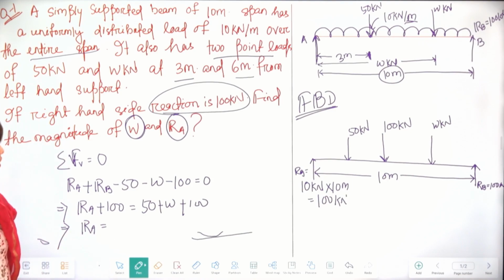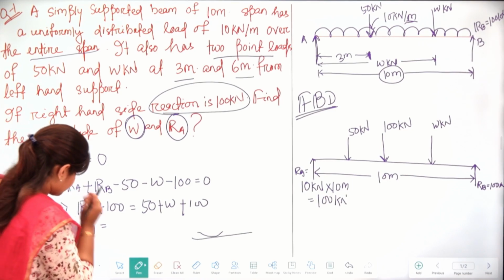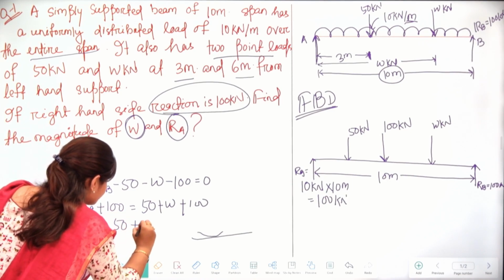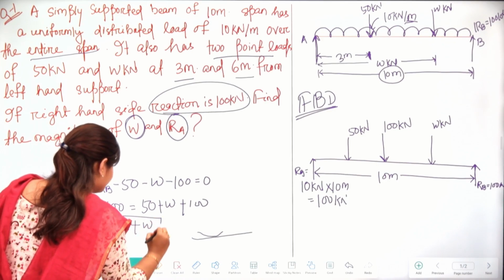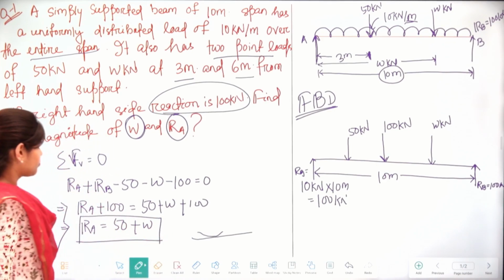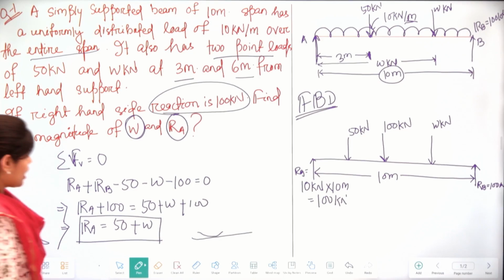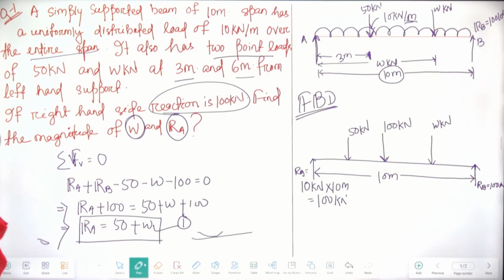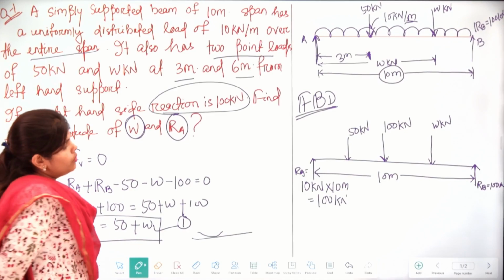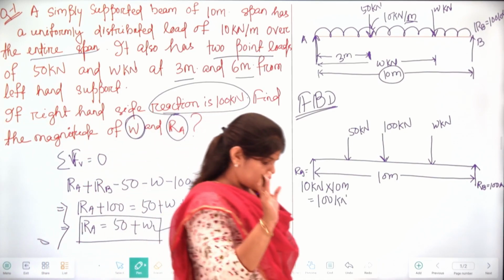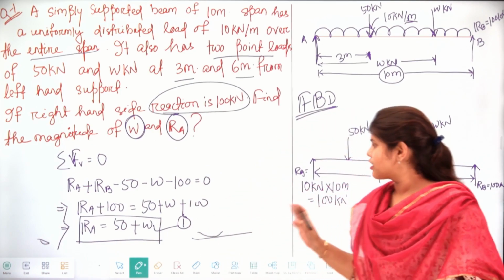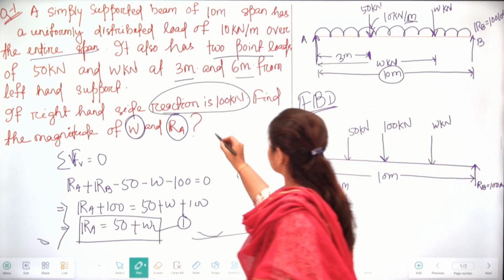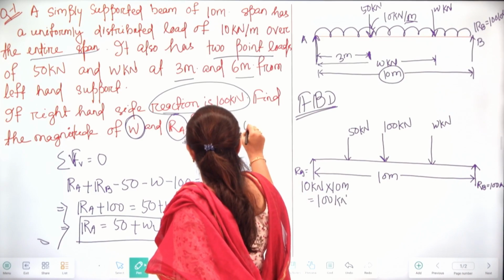RA is equal to 50 plus W. Okay, we have the first equation here. Now we also know that the summation of all the moments is equal to 0. Right?